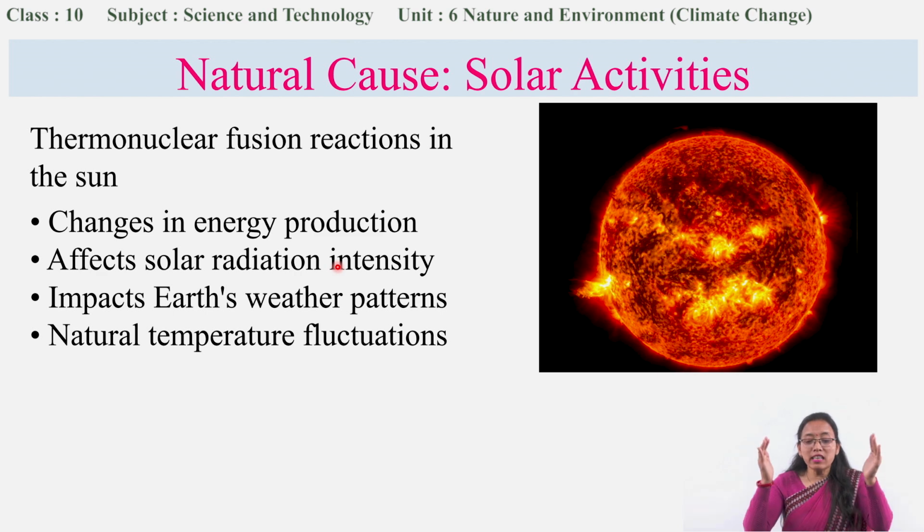Even in our country, in summer we feel somewhat high temperature and in winter somewhat low temperature, because the solar radiation coming from the sun to the earth differs in summer and winter. So these solar activities are also important causes of climate change.